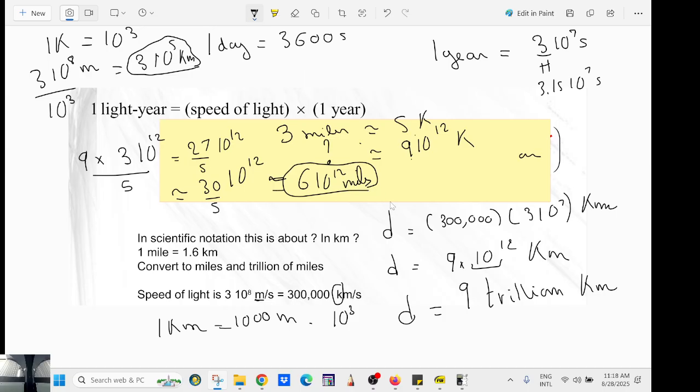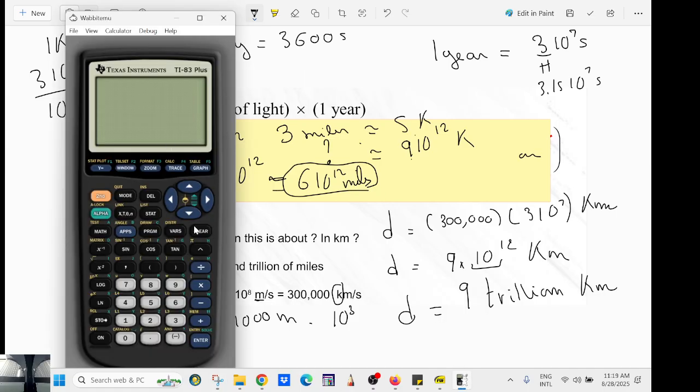So if this is confusing, don't worry, you take your TI. You cross multiply. So 3 times 9 times 10 to the 12, except I made a mistake.